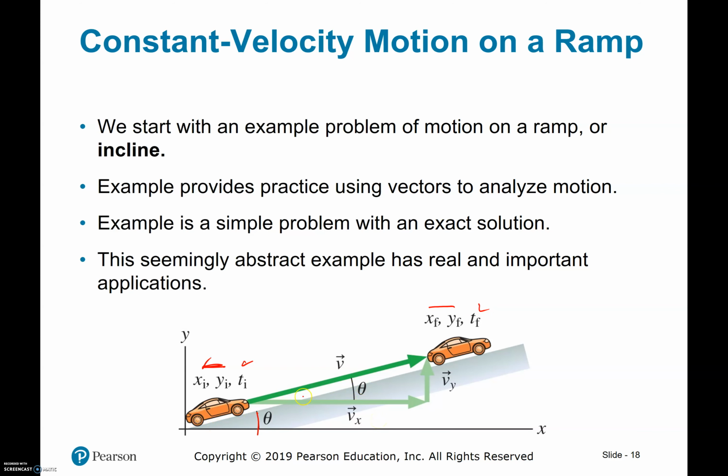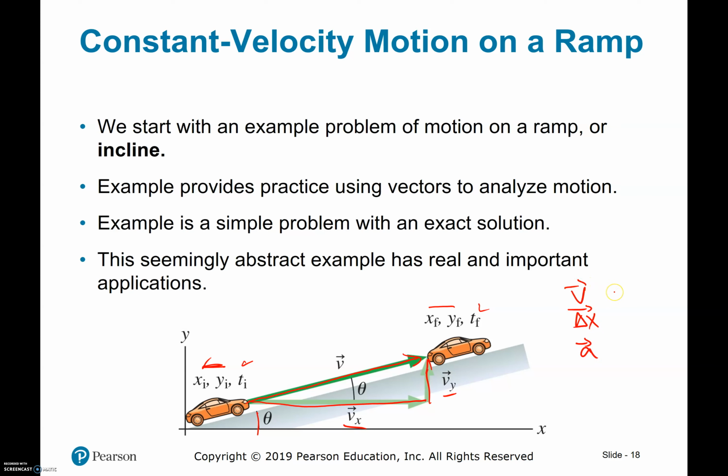Now the velocity vector is this one here, and it is a 2D vector, right? It has two components: a component in the x direction, vx, and a component in the y direction, vy. So you can see that all our physical quantities, v, delta x, and a, now become vectors.